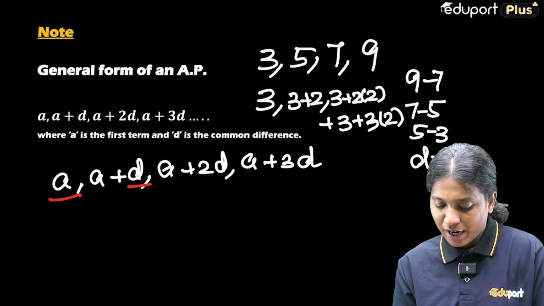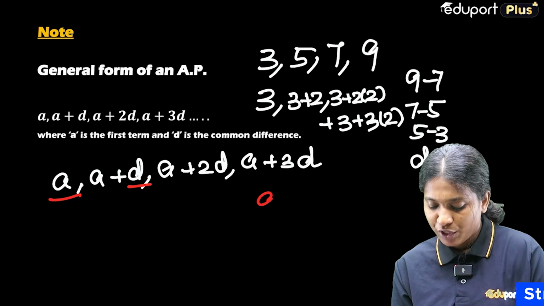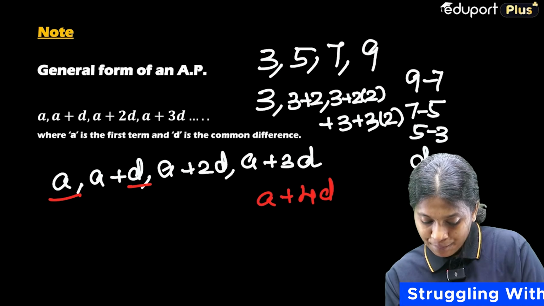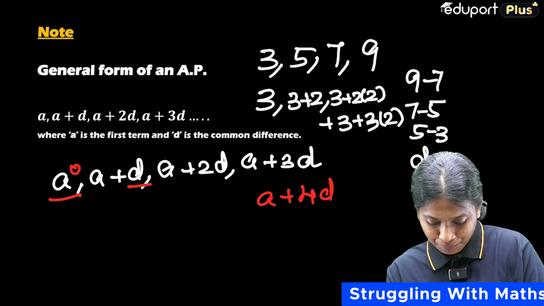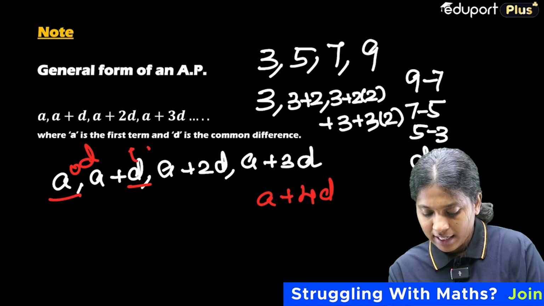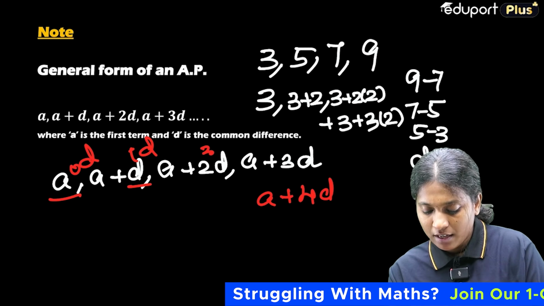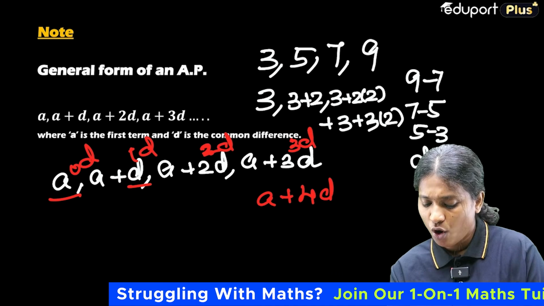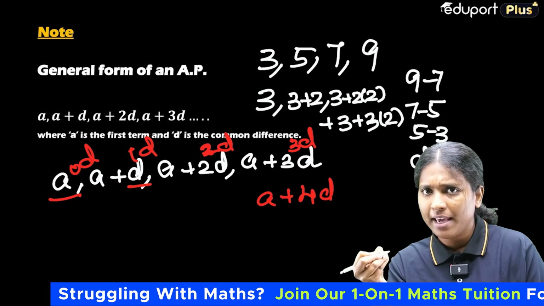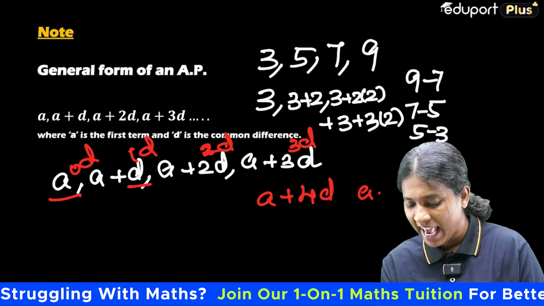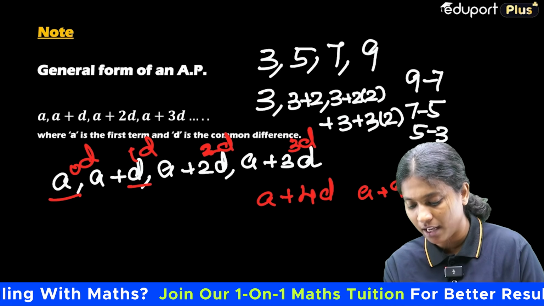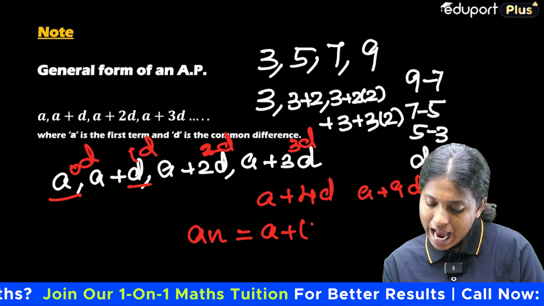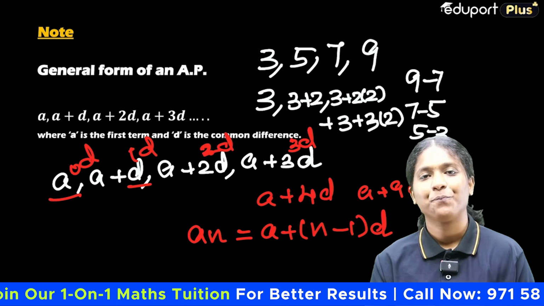Okay. So, what do you think will be the next term? It will be A plus 4D, right? And what will be the 10th term? As you can see, first position 0D, second position 1D, third position 2D, fourth position 3D, which means position minus 1. So, the 10th term will be A plus 10 minus 1, which is 9D. So, what will be the nth term? The nth term will be A plus n minus 1 into D. Alright.